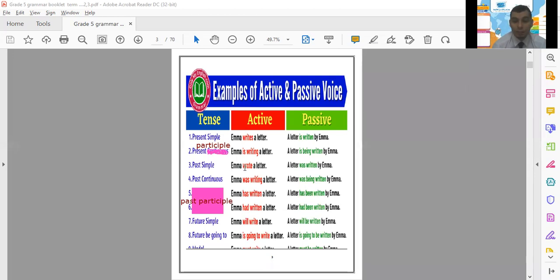Here in the past simple, in the passive, we use was plus verb plus ed or en, the past participle. Like here, played was played. Ate was eaten. Also here in the past continuous, the past continuous is the past progressive.